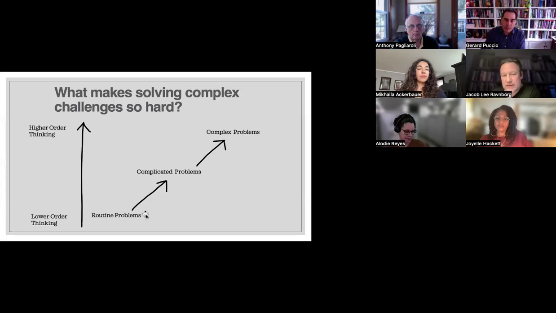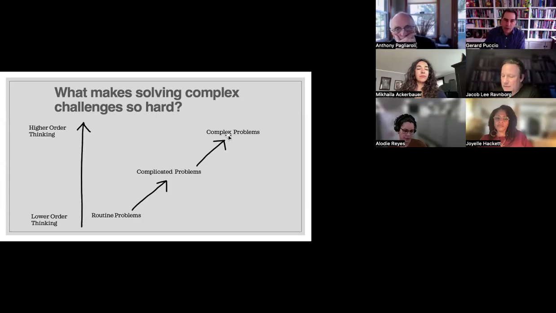Routine problems are problems that have a known pathway and a known outcome. Complicated problems are where we're solving multiple routine problems at the same time, such as when we're engaged in project management, where we are moving a project forward, coming up against a number of routine problems which we need to prioritize, and that's what makes it complicated.